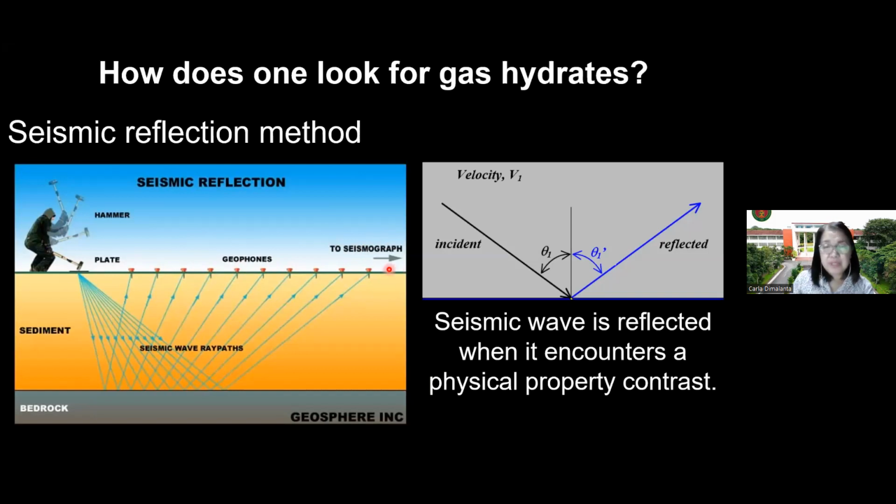So the principle of the seismic reflection, based on physics, we have learned that if you have an incident wave which gets reflected, well, the angle of incidence is equal to the angle of the reflected wave. So again, a seismic wave is reflected whenever it encounters a physical property contrast. Okay, so that's a key factor in detecting an anomaly, which is what we want to see when we do geophysical surveys.